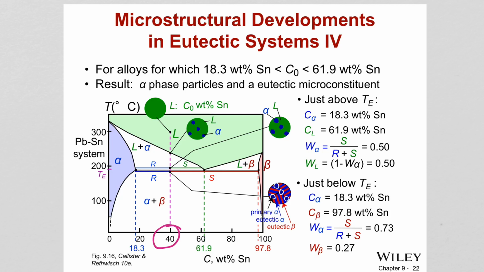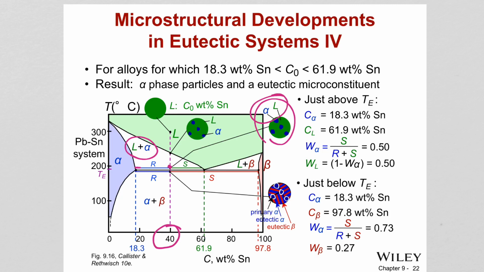Again, we start with the liquid phase. As we cool it down, let's say we come to this point just above the eutectic temperature, and we can see that liquid and alpha are in equilibrium. From the liquid, alpha solid is forming. How are you going to calculate the composition of alpha and the composition of liquid?